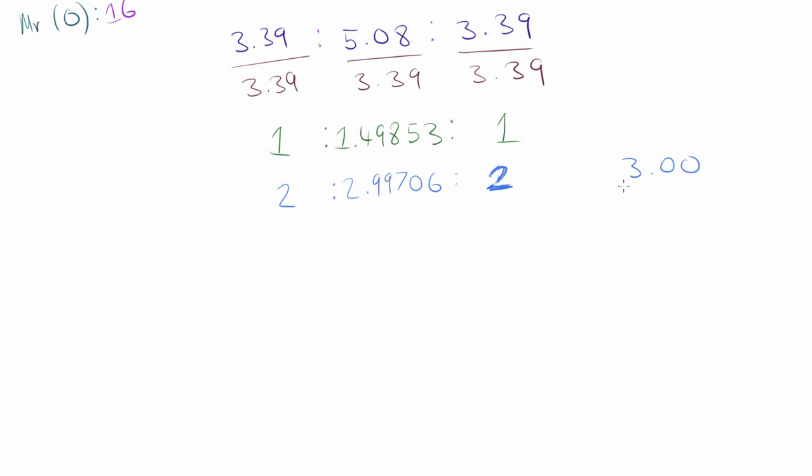And if we round it even to 1 decimal place, we get the same: 3.0, right? This basically indicates to us that the number is so close to 3 that we can assume, for the purpose of working out the empirical formula, that the number is 3, and we round it to 3.